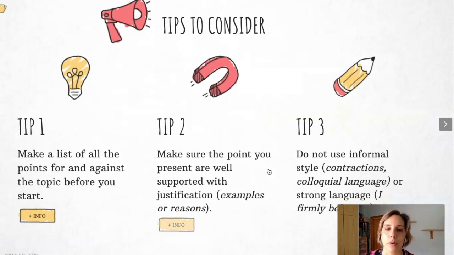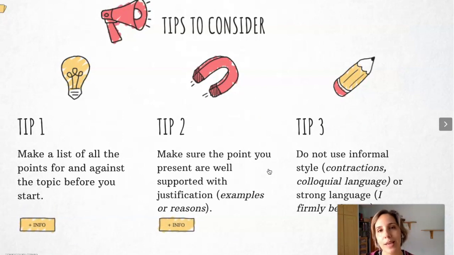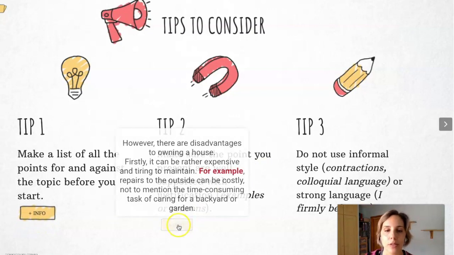Tip number 2: make sure that when you talk about your advantages or disadvantages, you add a justification, a reason, or an example to go with it. So here we have an example. However, imagine there are disadvantages to owning a house. Firstly, the first disadvantage, it can be rather expensive.